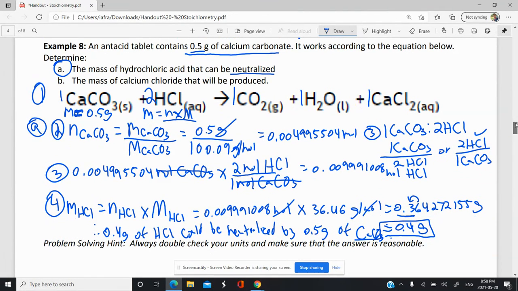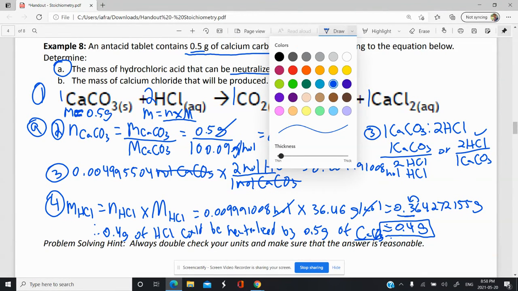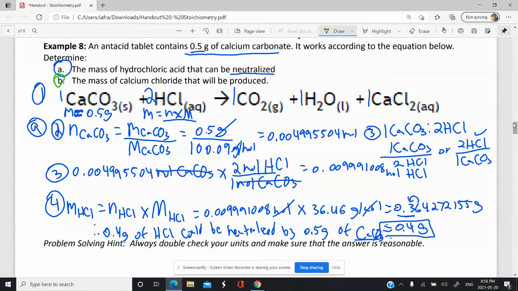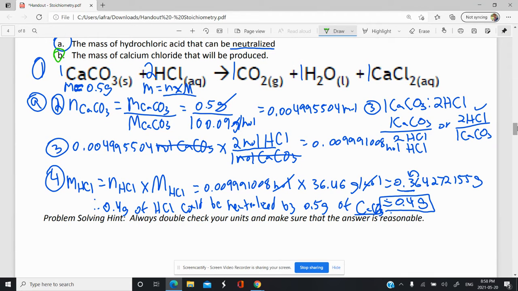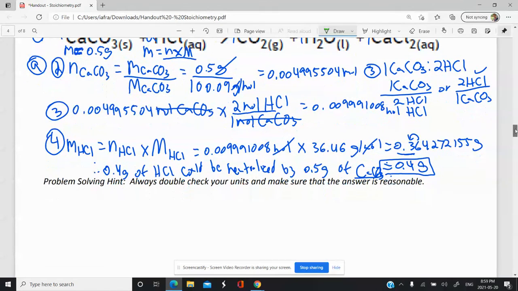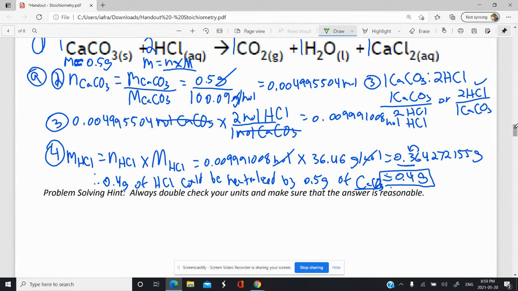Now we're going to go ahead and try part B. So let's choose a different color here. Let's choose the green there. We're going to do part B in green. We're going to use the same equation, but we just want to figure out the mass of calcium chloride that can be produced from the 0.5 grams of CaCO3. So I'm just going to rewrite my equation here.